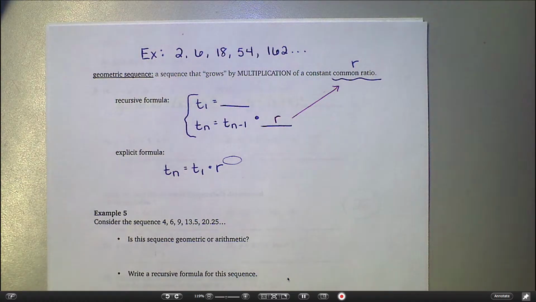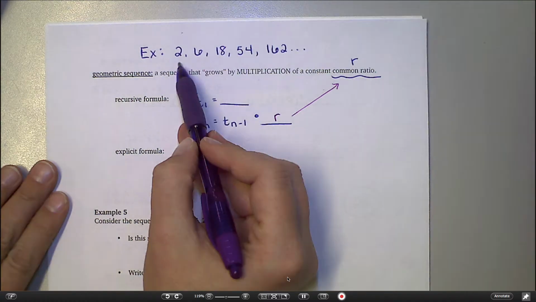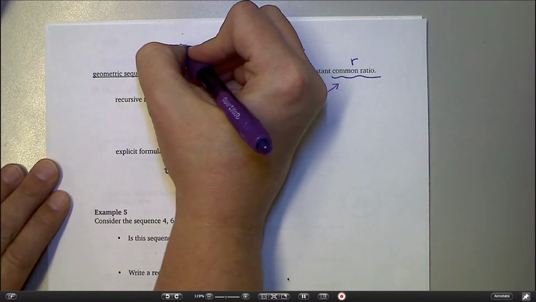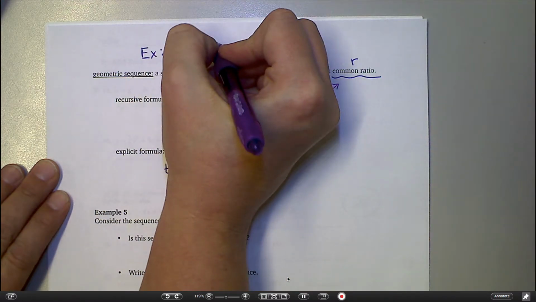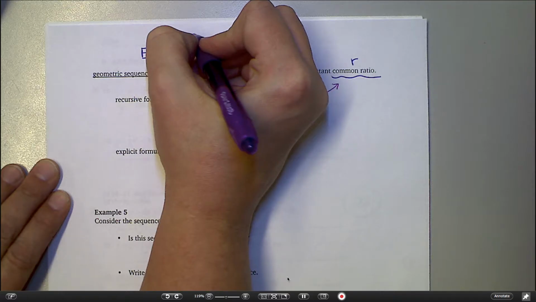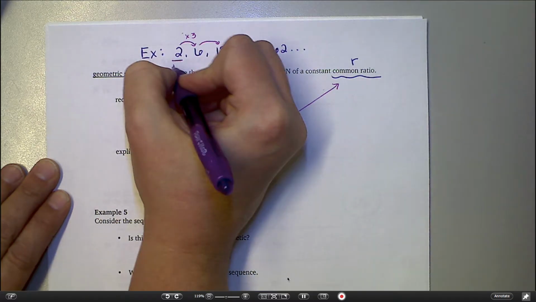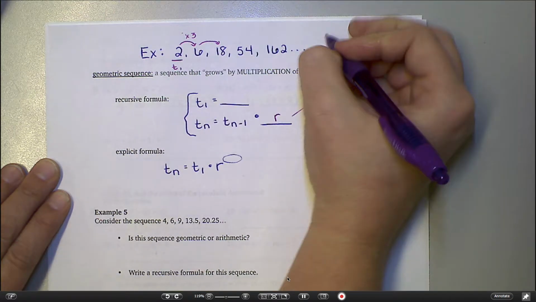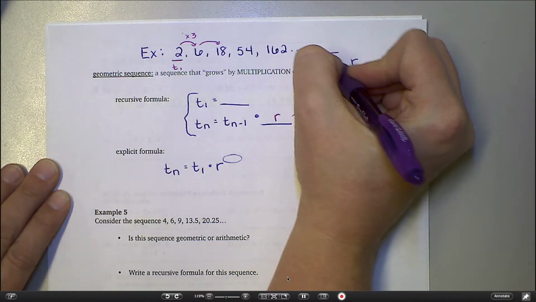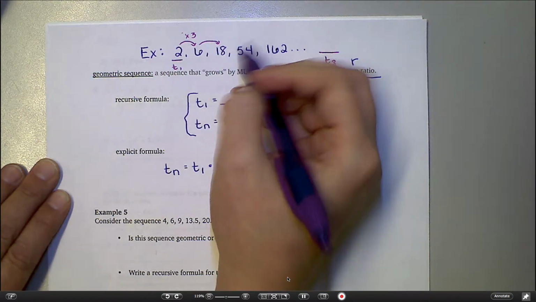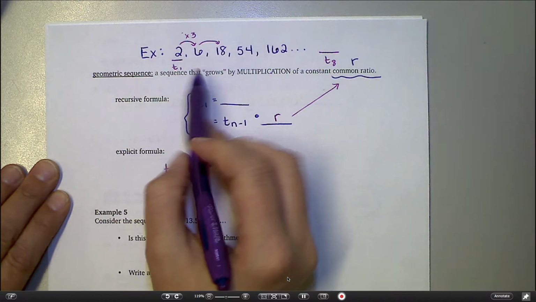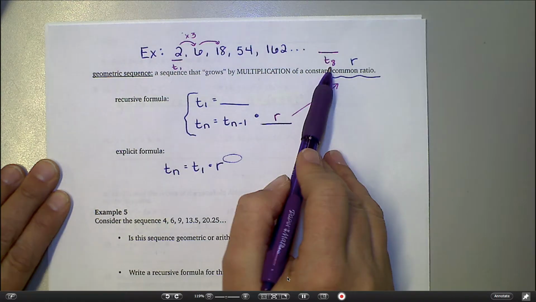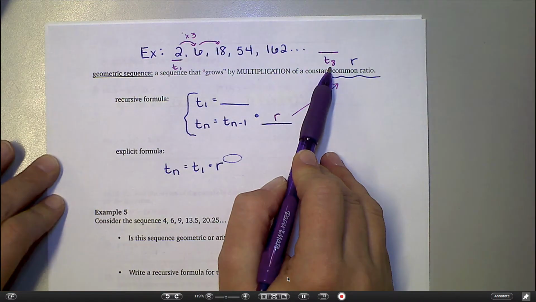And so let's again look at this specific example up here. To get from here to here and here to here, I know I'm multiplying by 3. So if I wanted to get from term 1 to, let's say, term 8 again, I would multiply by 3 7 times, because to get from term 1 to term 8, that's going to take me 7 jumps.